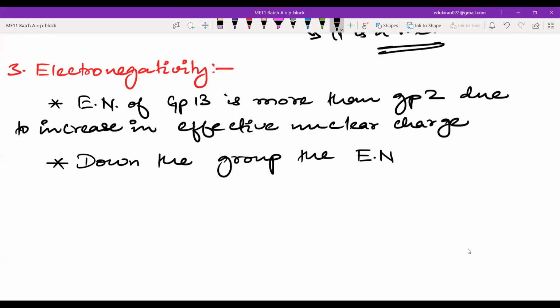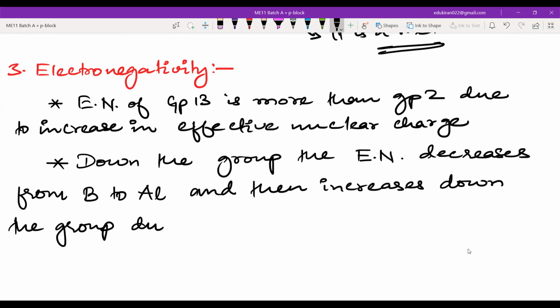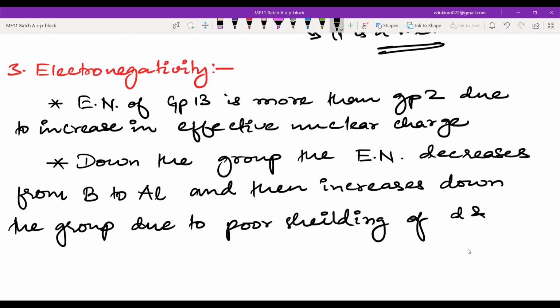The electronegativity decreases from boron to aluminium, and then increases down the group, due to poor shielding of d and f orbitals.